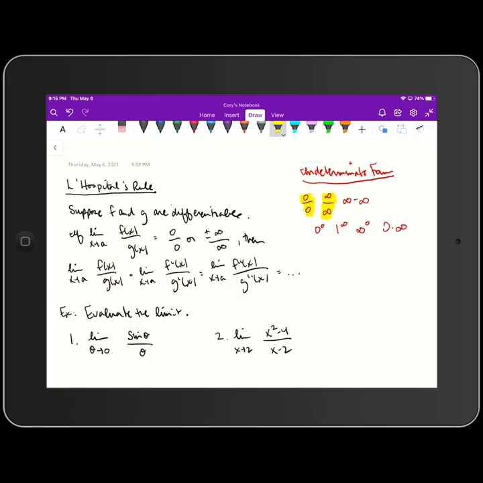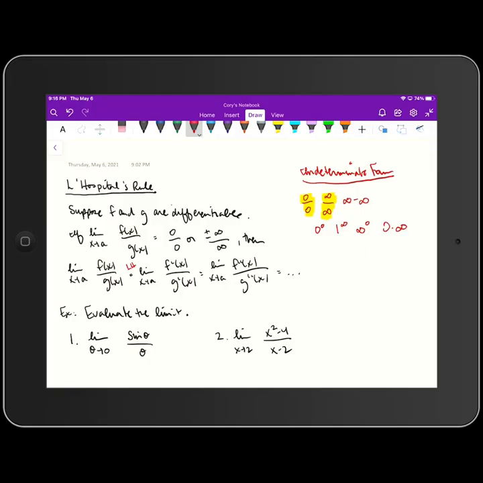Then it says if the limit as x approaches a of f of x divided by g of x is either equal to 0 over 0 or plus or minus infinity over infinity, then the limit as x approaches a of f of x divided by g of x is going to be equal to, and the way that we indicate that we are using L'Hopital's rule is we put an LH next to the equal sign.